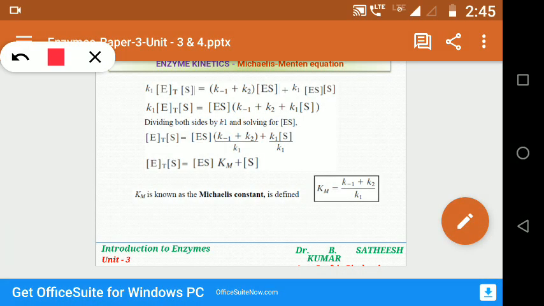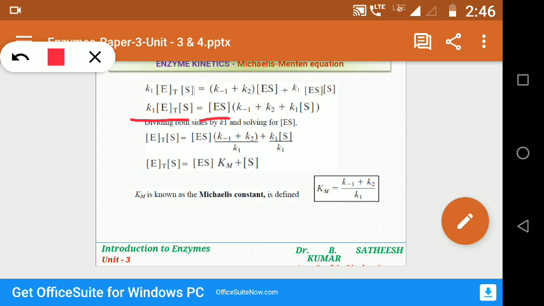ES is also common in this term and this term, so we take ES as common and we get K1 ET S equal to ES into K minus 1 plus K2 plus K1 into S.